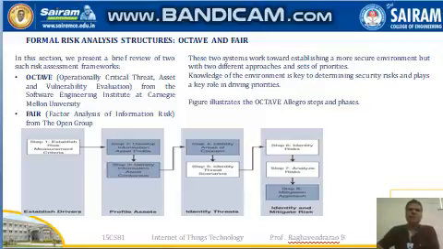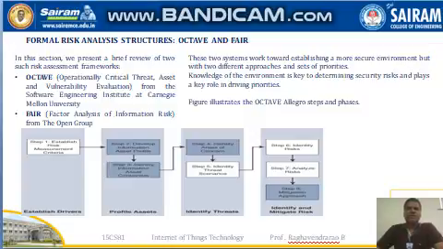Okay, let us discuss the formal risk analysis structures, that is OCTAVE and FAIR. These two are risk assessment frameworks. OCTAVE is operationally critical threat, asset and vulnerability evaluation.